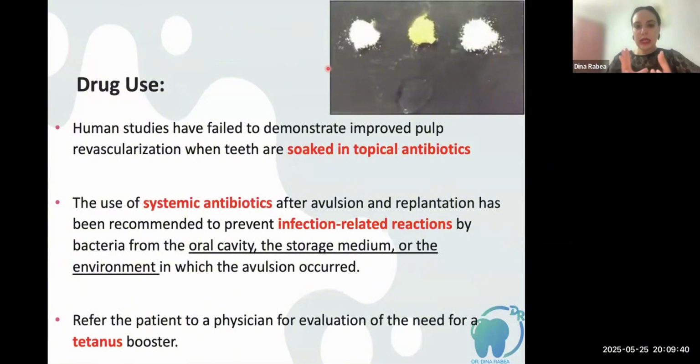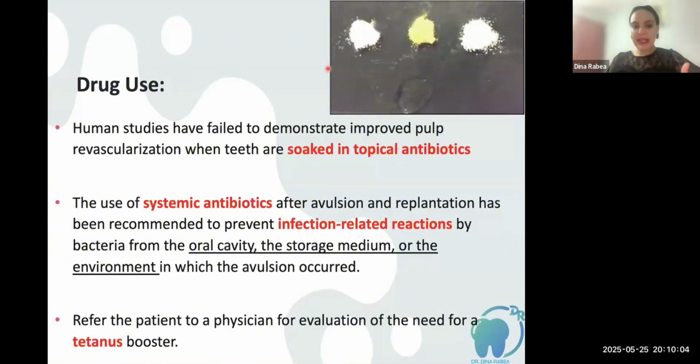For drug use, topical antibiotics are not guaranteeing any better prognosis. We used to have this in the guidelines in the older days, to soak the teeth after avulsion in topical antibiotics, but nowadays the guidelines suggest that human studies have failed to demonstrate any improvement upon soaking the teeth in topical antibiotics.